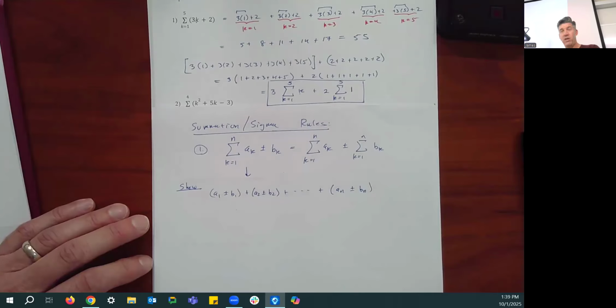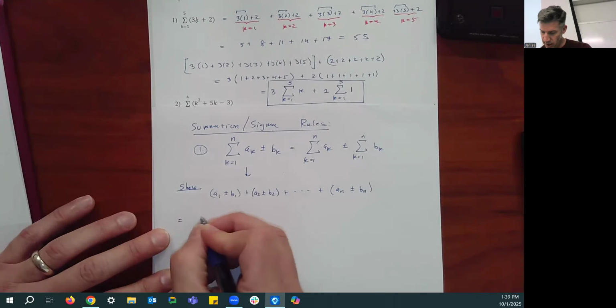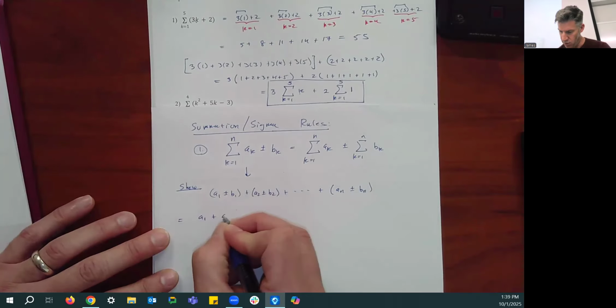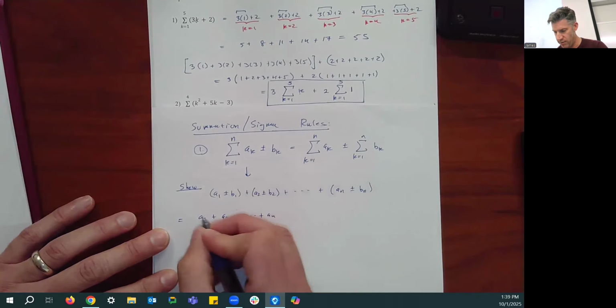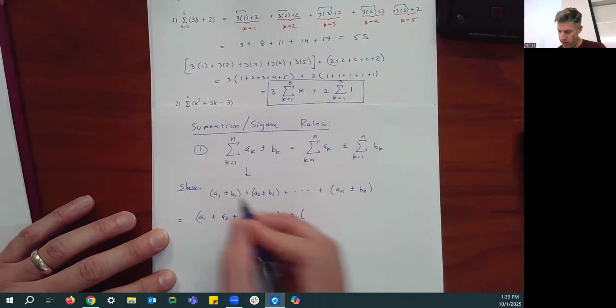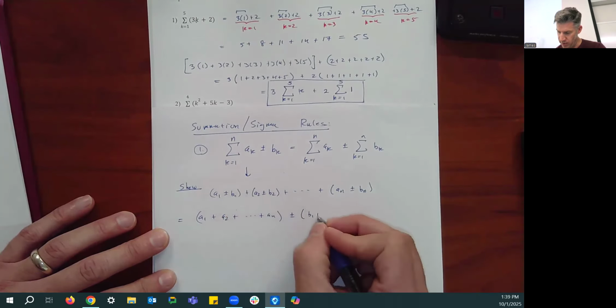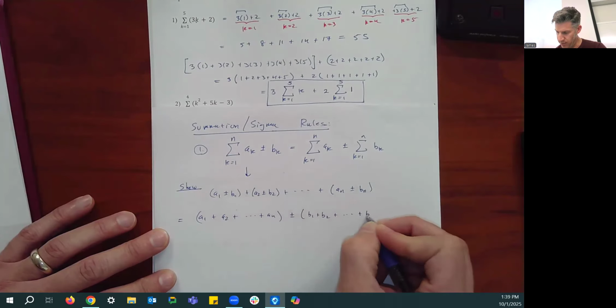But then we can break that apart into just the a's and just the b's. So this is a sub 1 plus a sub 2 plus all the a's all the way to a sub n. And then we have plus or minus b sub 1 plus or minus b sub 2 all the way to plus or minus b sub n.